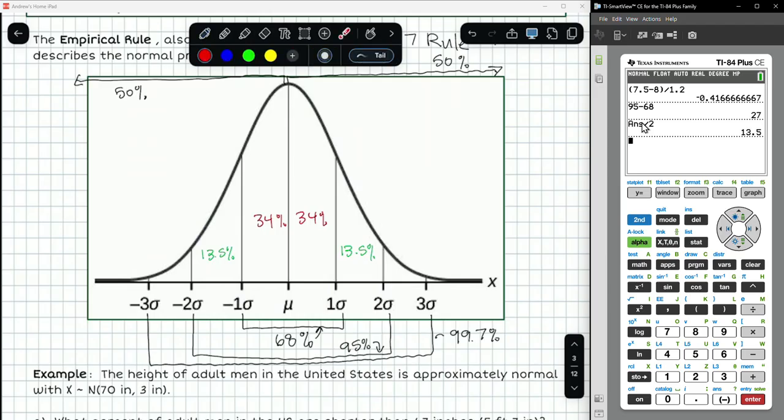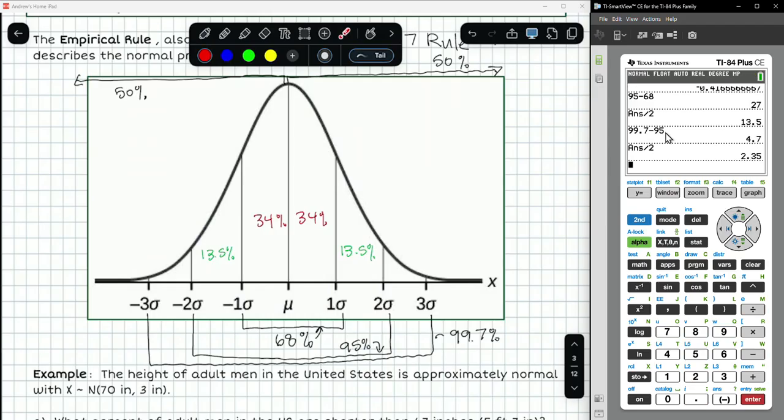And we're going to do the same idea for these chunks here. I know they're going to be 99.7 minus 95, and then cut in half. And we get 2.35.